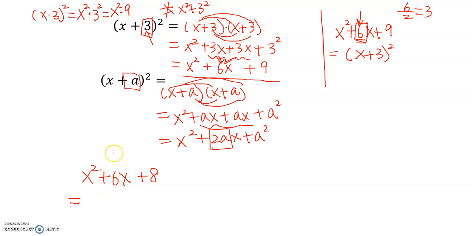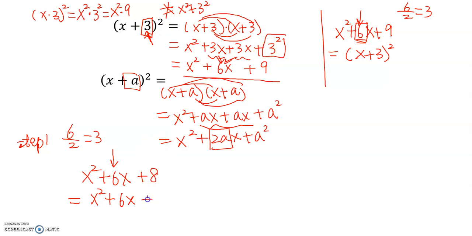These are the steps we're going to do. Step 1: look at the number in front of x and take it divided by 2. In this case, we get 3. And if we have 3 here, to get a perfect square, we know that the third term must be that number squared, 3 squared.